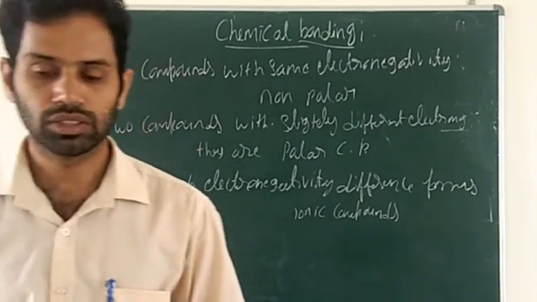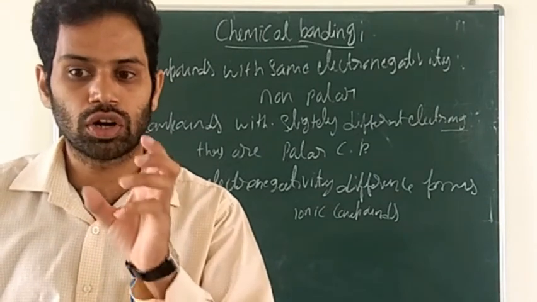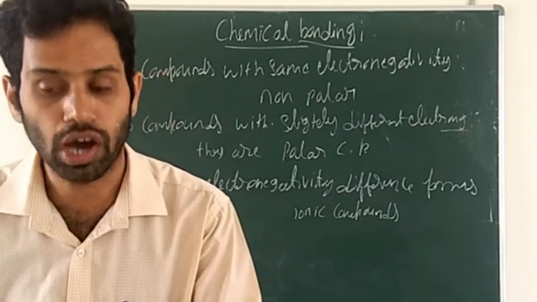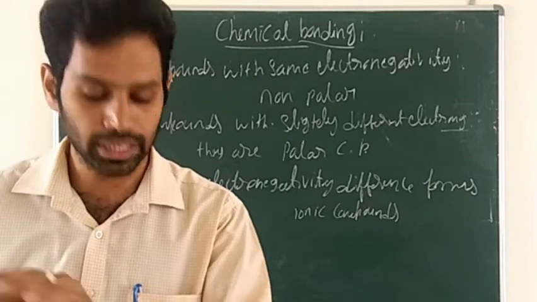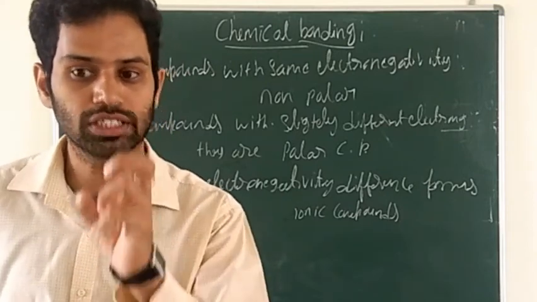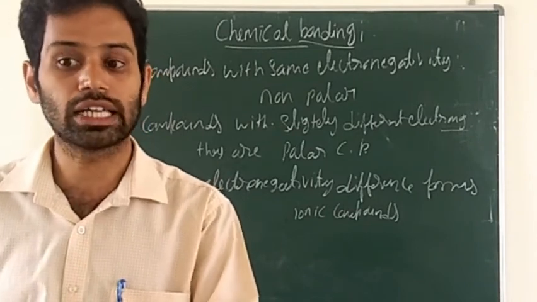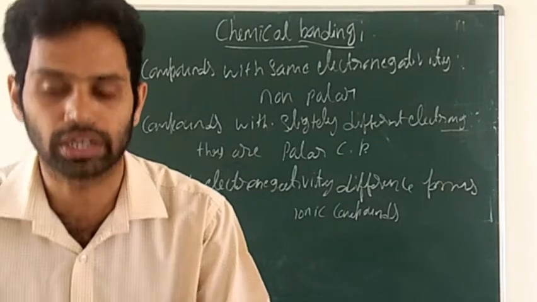Clear? While explaining the covalent compounds in the beginning, I told you that the electronegativity difference between the two compounds should be zero or negligible. Then only they will form covalent compounds.